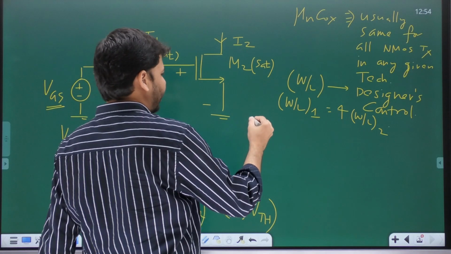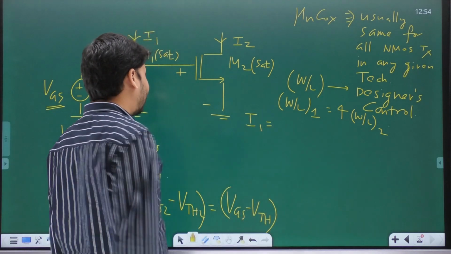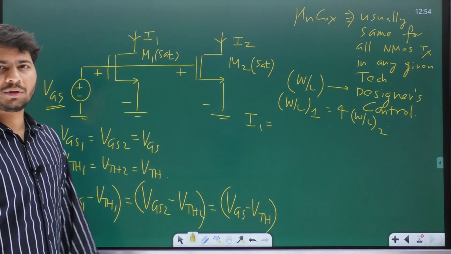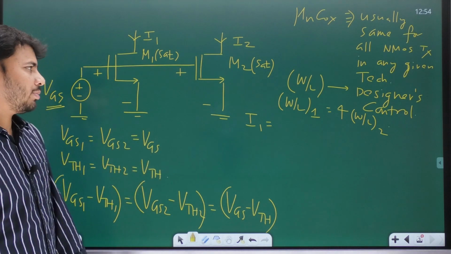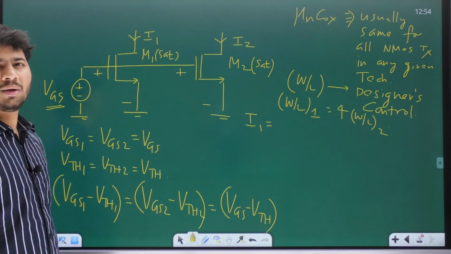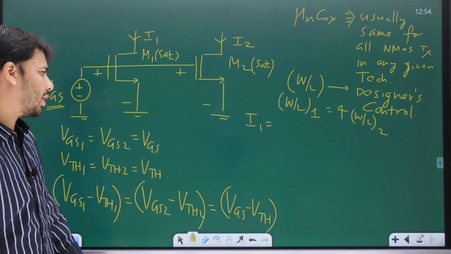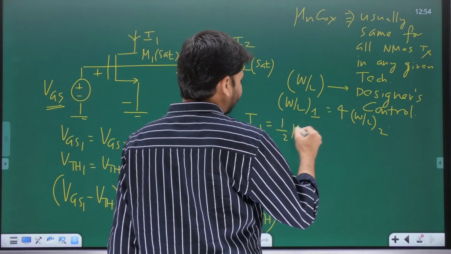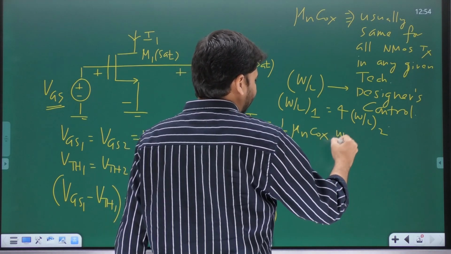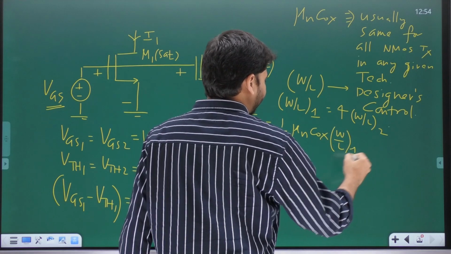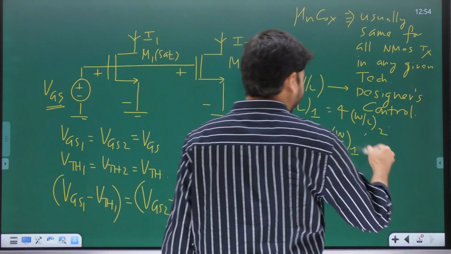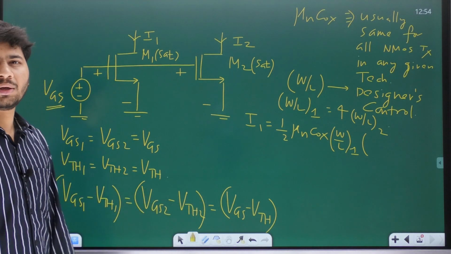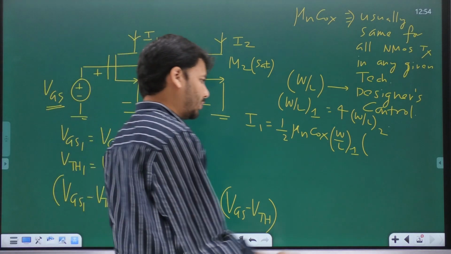okay? And in saturation, what is the drain current equation ignoring channel length modulation? Is it not half mu n Cox W by L then square of the overdrive voltage? So I1 will be equal to half mu n Cox W by L of M1, which is W by L1, times VGS1 minus VTH1 whole square, and that is the same as VGS minus VTH whole square, okay?